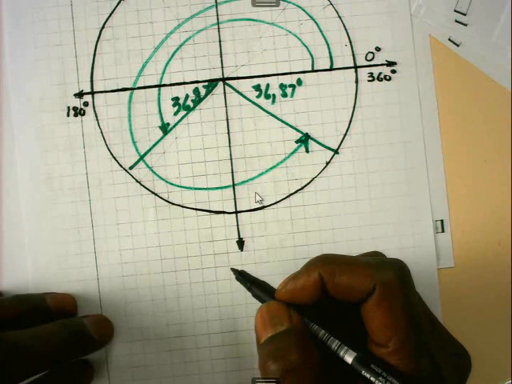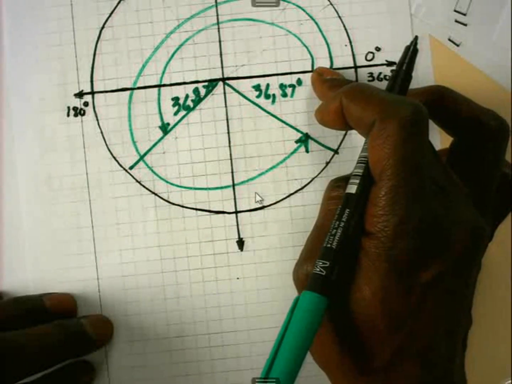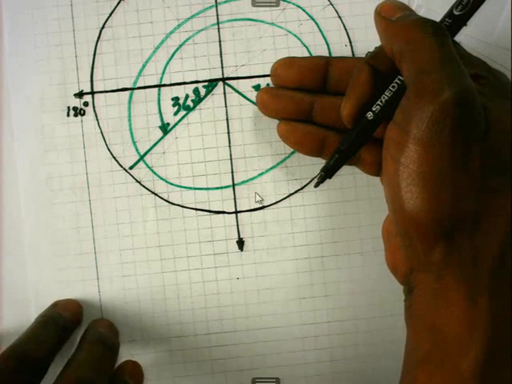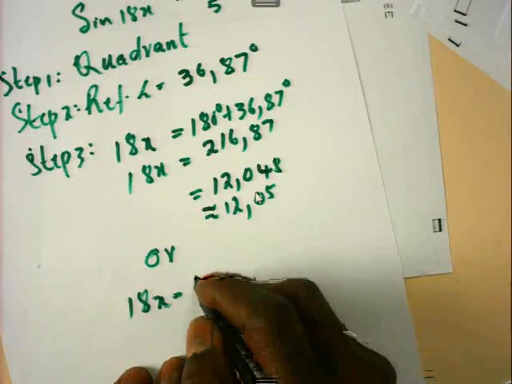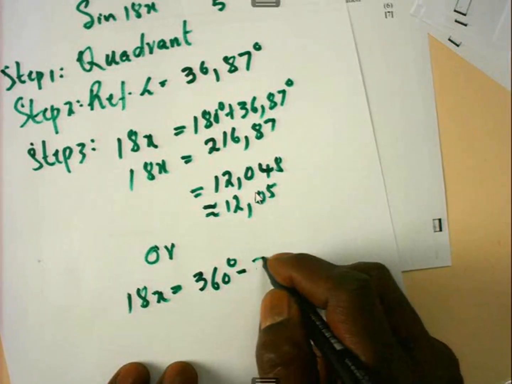That must be our solution. So this solution is 360 degrees minus the reference angle of 36.87.